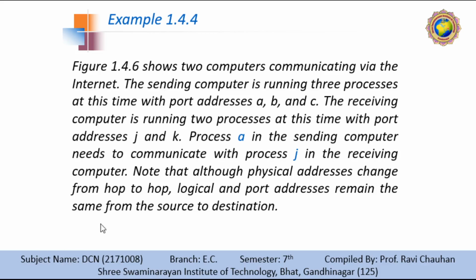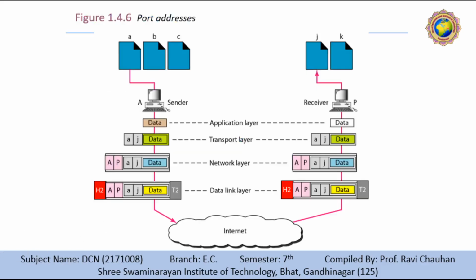Let's have an example. In this figure, port addressing is used. A process in the sender, labelled A, will try to connect with a process at the receiver, labelled J. This figure shows two computers connecting via the internet.